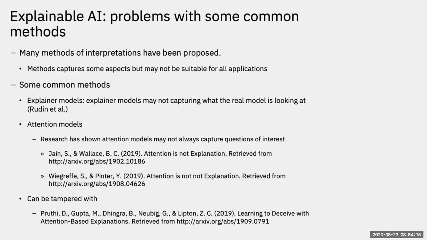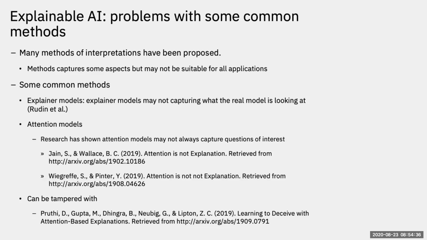Again, the problem is very ill defined from a modeling point of view. So it is not surprising that every method comes with its own known problems and limiting use cases. We are going to focus on some common methods, which are explainer models and attention models, in this slide.